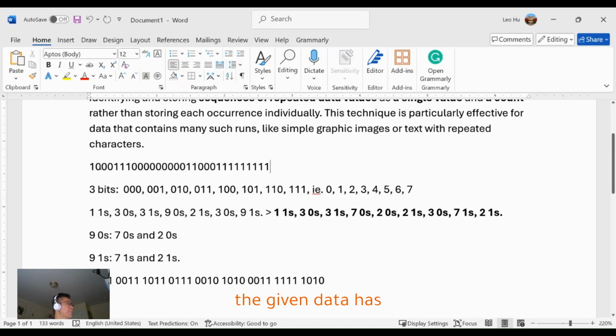The given data has 8 bits, 8 bits, 8 bits, and here's 6 bits. So 24 plus 6 is 30 bits, right?